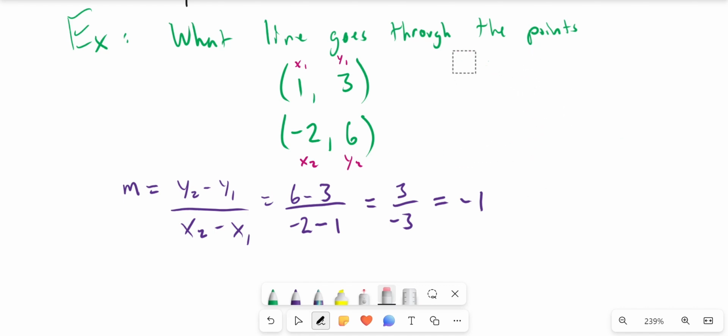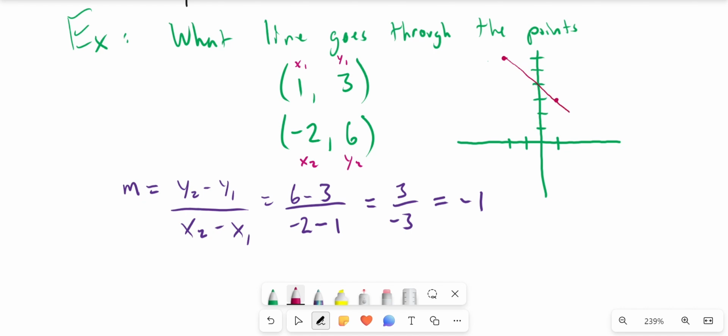So let's redraw more carefully this time, and perhaps to scale, right? Maybe something was wrong with my scale. 1, 1, 2, and then 1, 2, 3, 4, 5, 6. And I plot my points. 1, 3, it's here. And minus 2 up to 6, that should be here. And now if I connect them, aha, okay, that's a little bit better.